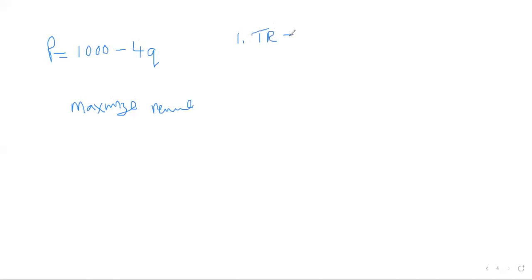Price times quantity. When you multiply this by Q, we get 1000Q minus 4Q squared. That's step 1, find the total revenue function.